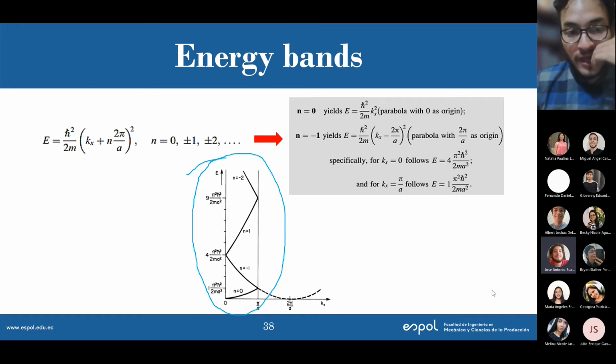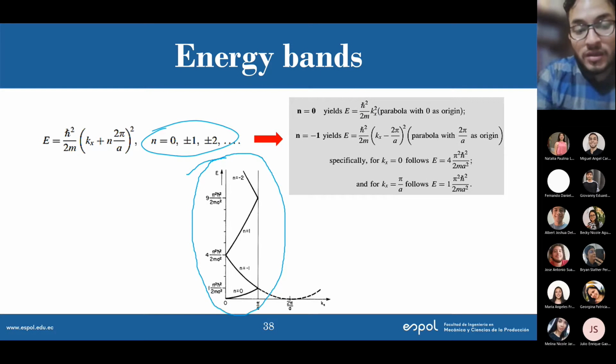For example, 2 times pi over a, those are multiples. That's why I'm using n. Those are the critical points. That's why I'm using n. n is 0, it's plus minus 1, it's plus minus 2.